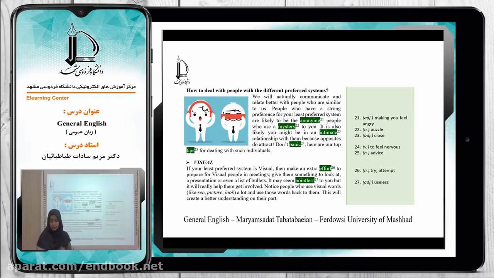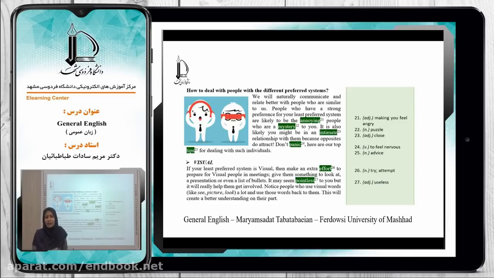First, advice on communicating with visual people. Remember, visuals, they like seeing, they like just reading and the like, because they see, they like to have eye contact. So, it says, if you're not a visual and if you don't use the system much, then make an extra effort to prepare for visual people in meetings.